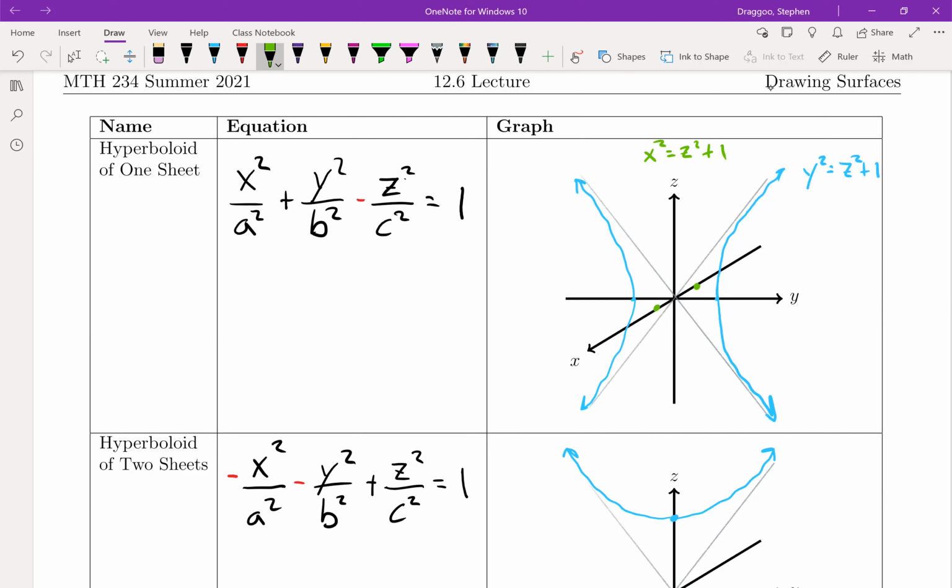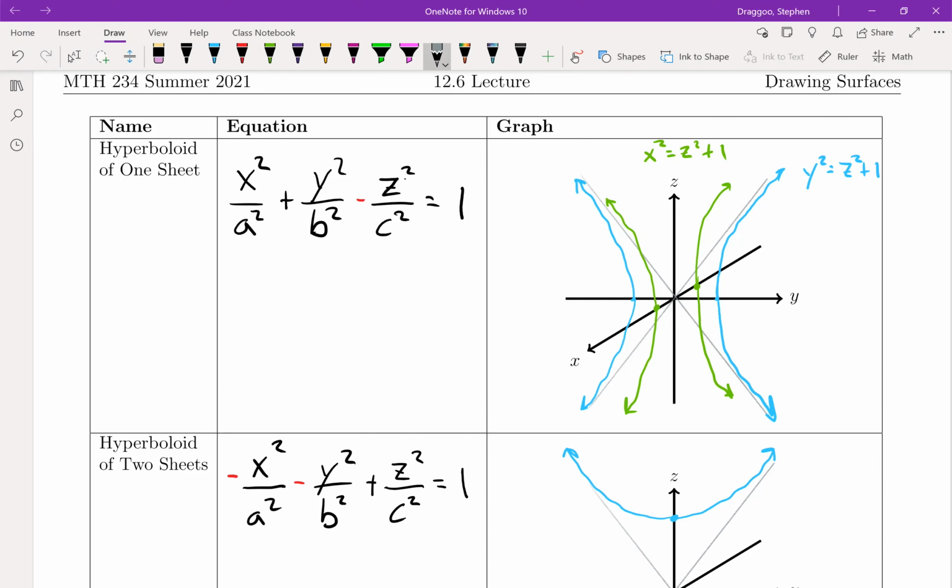Meaning that I should still have hyperbolic shapes in this plane as well. To keep this from getting too complicated, I'm not going to draw in those asymptotes in the XZ plane, because I think the diagram will just end up too chaotic.